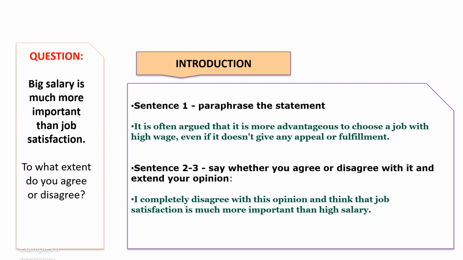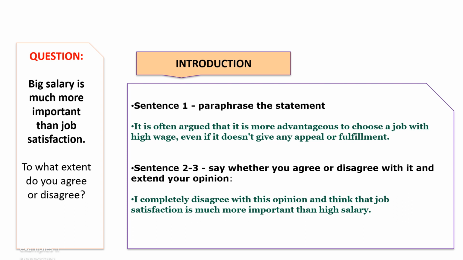Then you will write 2 to 3 sentences to say if you agree with it or you disagree. You can say, I completely disagree with this opinion. That means you think that job satisfaction is more important than high salary.